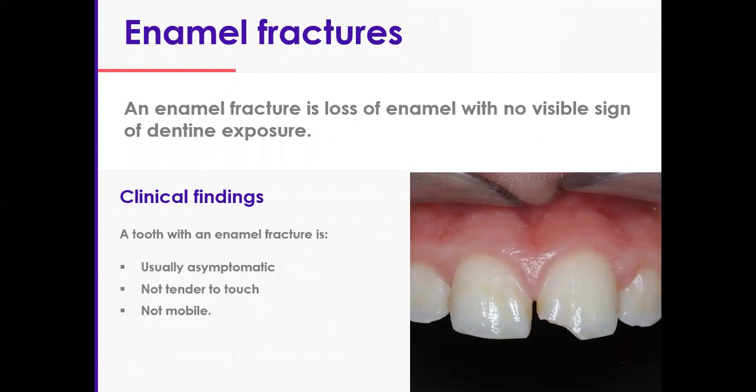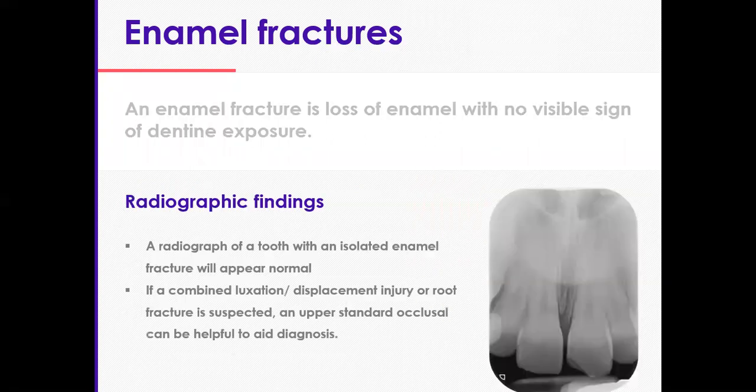Clinical findings include an asymptomatic tooth, no tenderness to touch, no mobility, maybe a wee bit sensitive to temperature. Radiographic examination, again, should be unremarkable like infractions, but again, thorough examination is crucial.